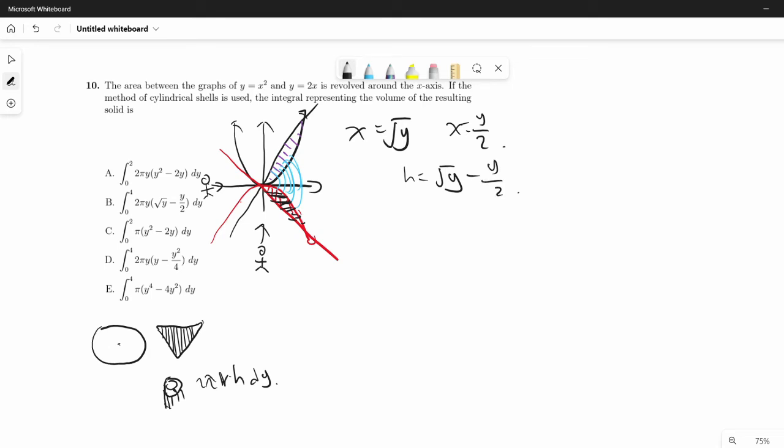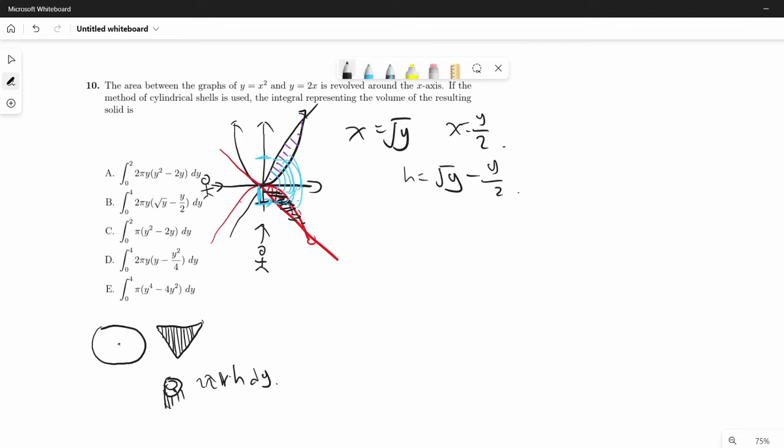And then if you notice, the radius in every single one of these is just a y value. So at this point, this cylindrical shell has a radius of this much. It's just the y value of this part, right? Because it would be something like here and here.